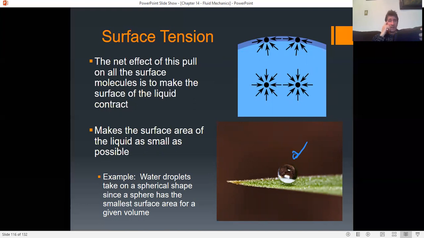They don't have as much surface tension because really the cohesive force is more of a London dispersion force. Hydrogen bonds create a very large surface tension. Metallic bonds in mercury create a very large surface tension. So the stronger the intermolecular, the interatomic forces, the more surface tension you tend to get.